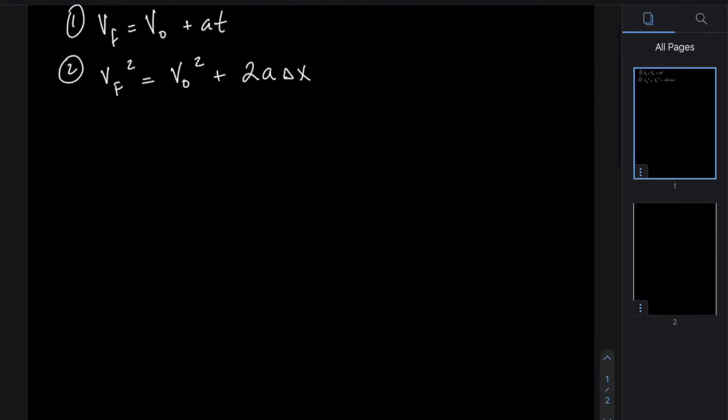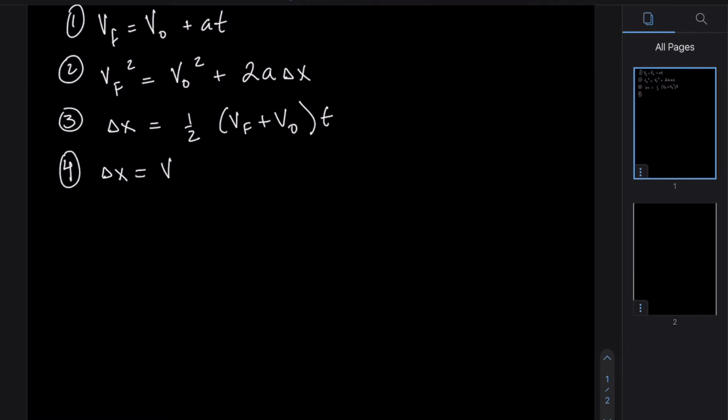The third kinematic equation is that the displacement is equal to 1/2 times final velocity plus initial velocity, times time. And our last equation is delta x is equal to initial velocity times time plus 1/2 a t squared.